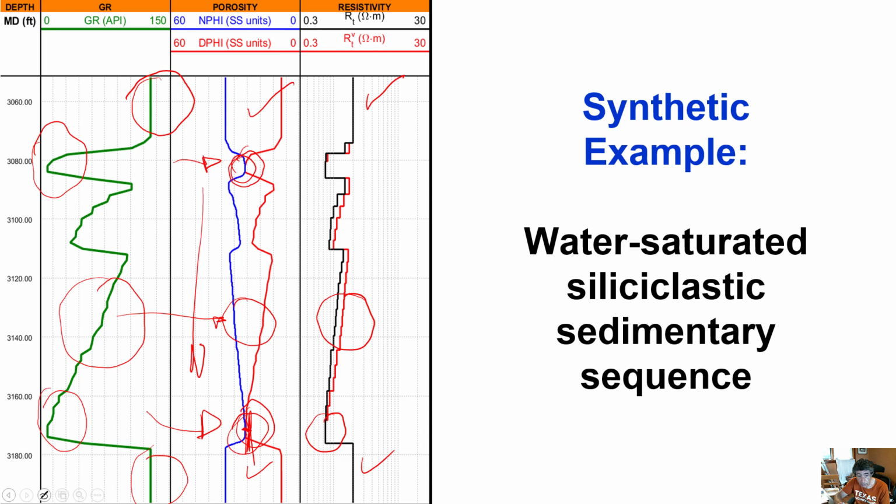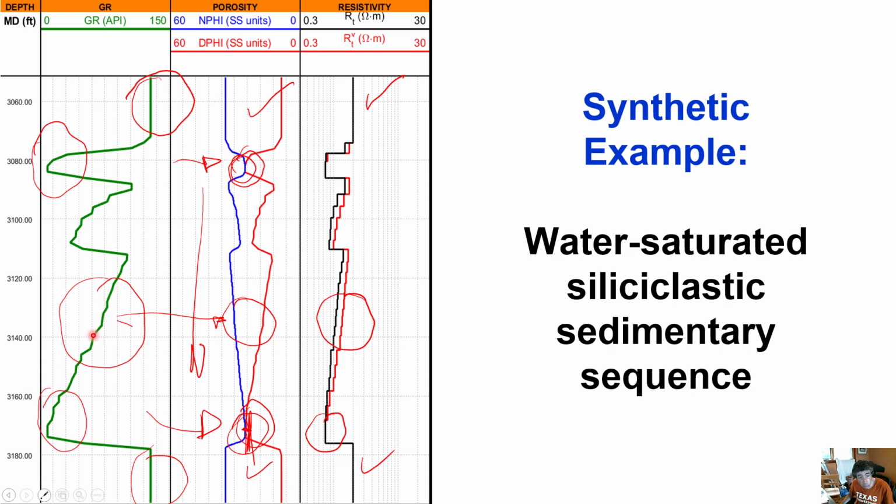What's going on here? Well, the reason why the gamma ray log has increased over here is because the sequence that we observe here is actually a shale-laminated sequence.